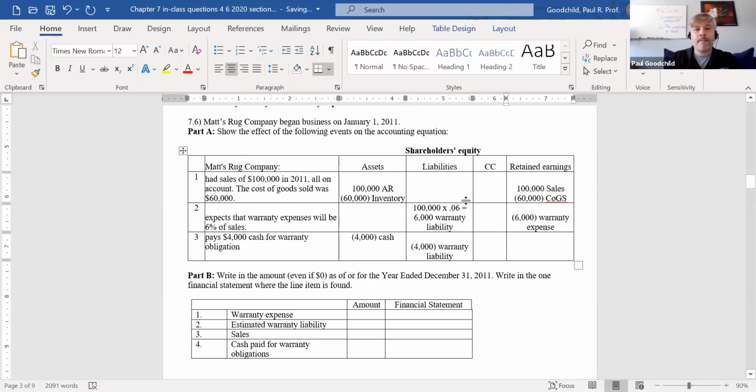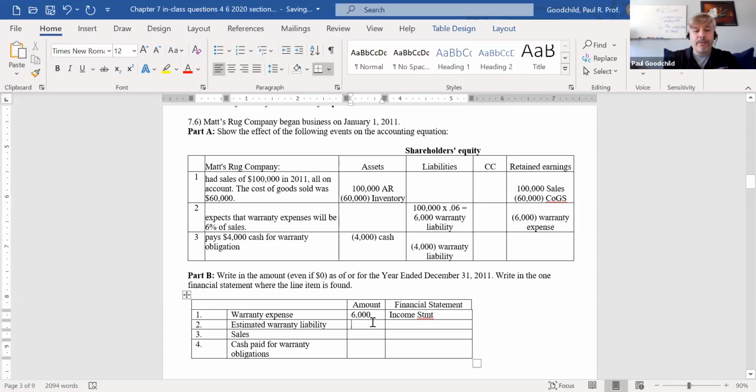All right. Part B, write the amount, even if zero, as of December 31st, and where the item is found. So we have warranty expense, amount 6,000. Financial statement would be the income statement. Your estimated warranty liability.